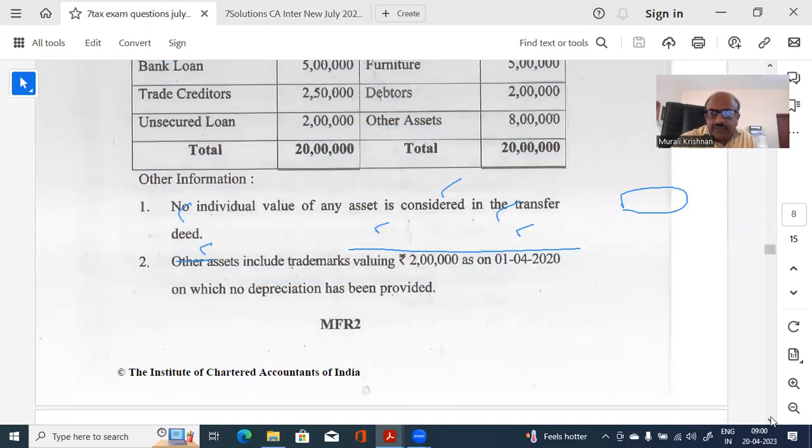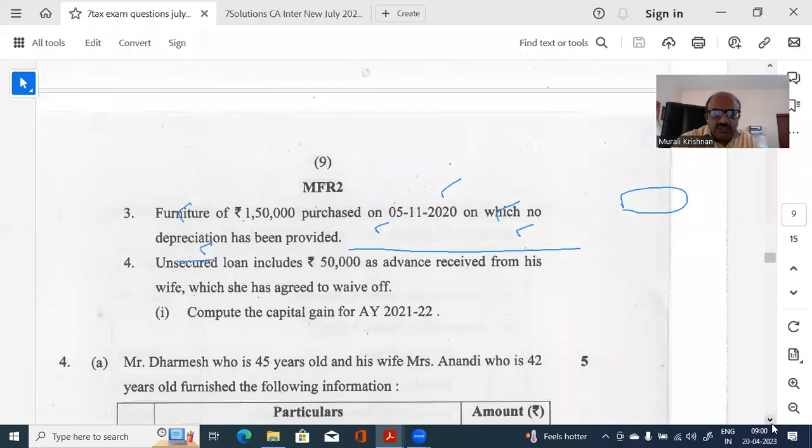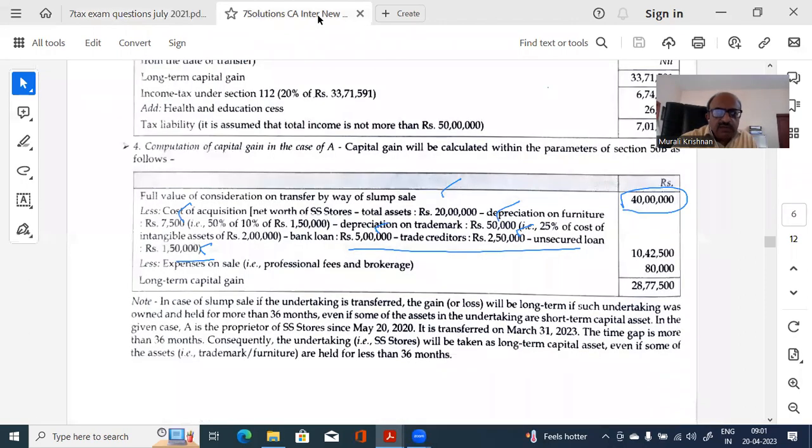But out of 2 lakhs, 50,000 related to an advance received from his wife, which is waived off. So the actual unsecured liability is only 1,50,000, which is now reduced, not the entire 2 lakhs. Though in the balance sheet it was 2 lakhs, out of that 50,000 is to his wife, which he has written off. So the actual liability is only 1,50,000. That only should be reduced.